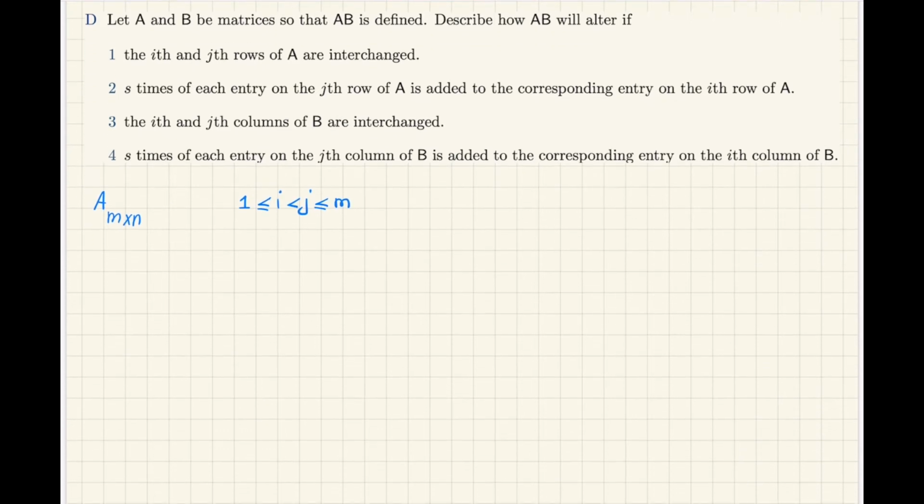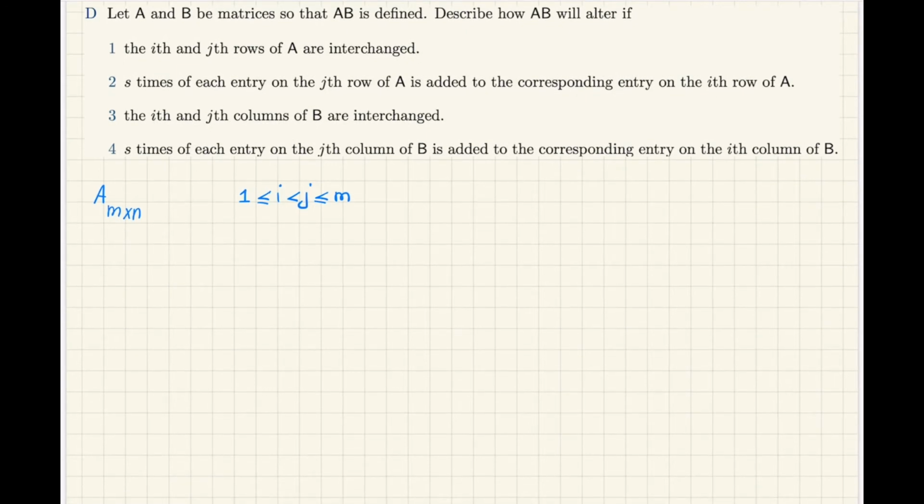Okay, so if you want to imagine this matrix A, it is an m by n matrix. So let me write, for example, the entries on the first row: a11, a12, and then a1n. And then I continue until I reach the ith row, so it becomes ai1, ai2, and it continues to ain.